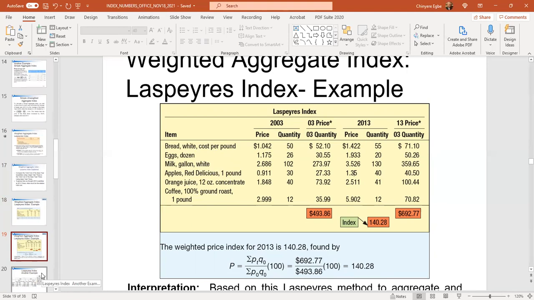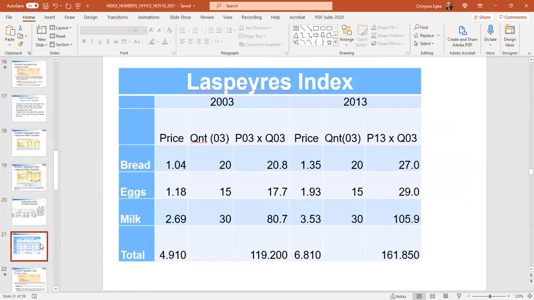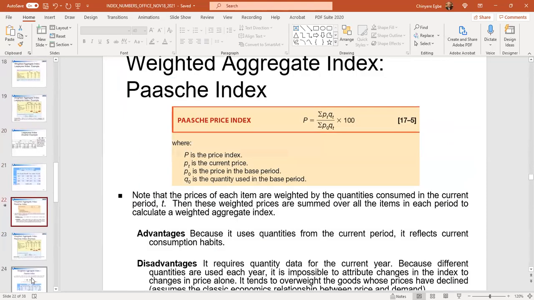Or what would be the difference in the cost? Okay, and so here we have, in 2013, you would have paid 35% more. So for each dollar, you now pay $1.35. All right. So this is the computation for that.